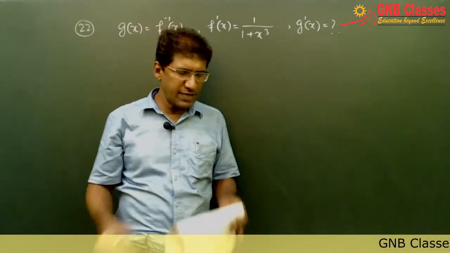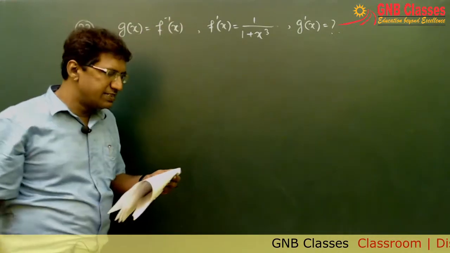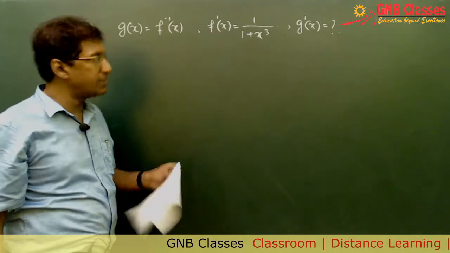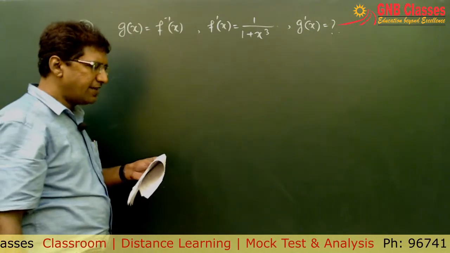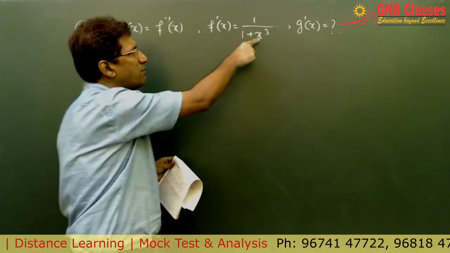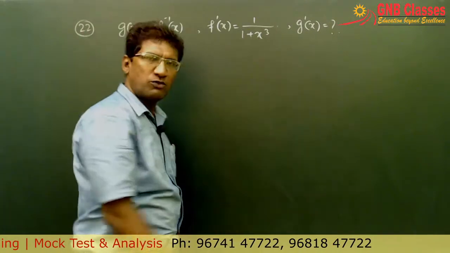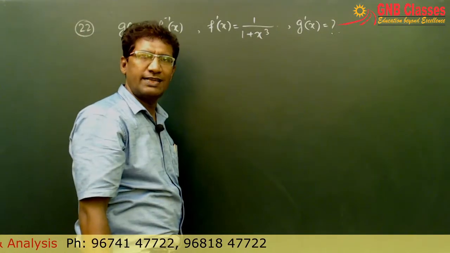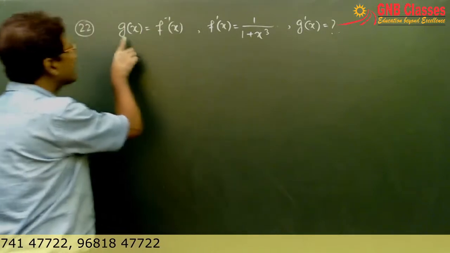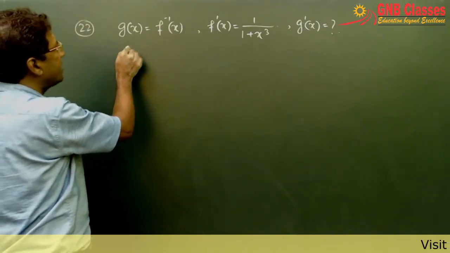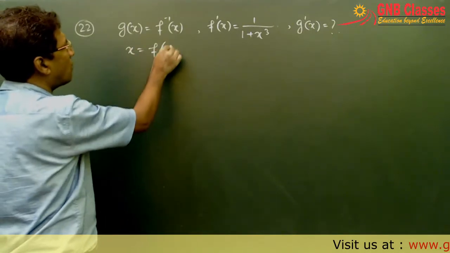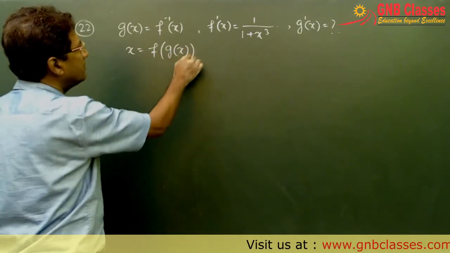In question number 22, they have given that gx is the inverse of the function fx. So gx is nothing but f inverse x. And they have said that f dash x is 1 by 1 plus x cube. We have to find out what is our g dash x. Now since gx equals f inverse of x, therefore x is nothing but f of gx.